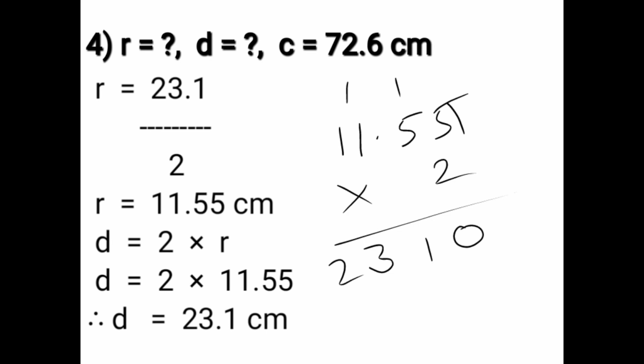Here 2 decimal places are there, so before 2 digits the decimal point will come. The answer is 23.10, and the 0 after the decimal point at the last digit has no value, so it becomes 23.1.